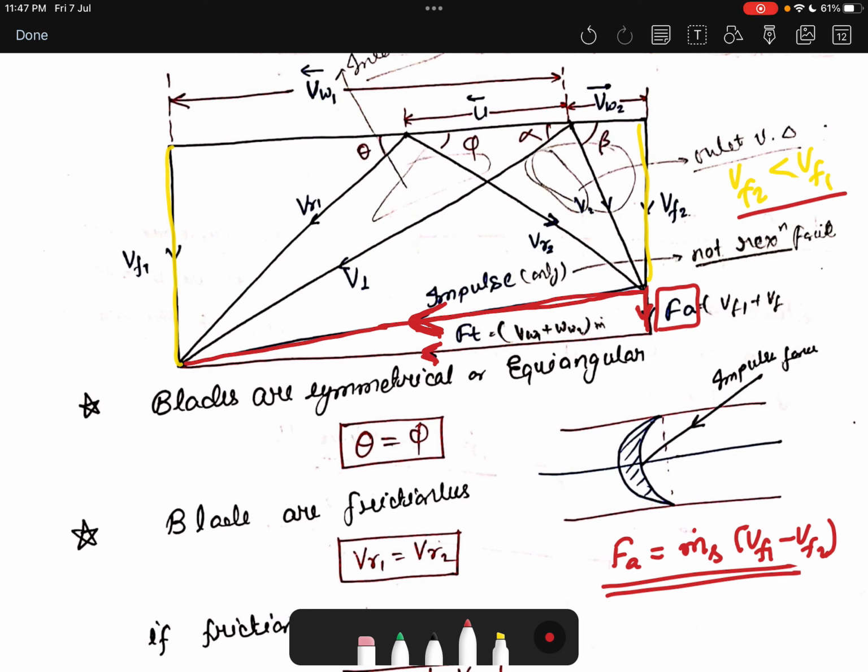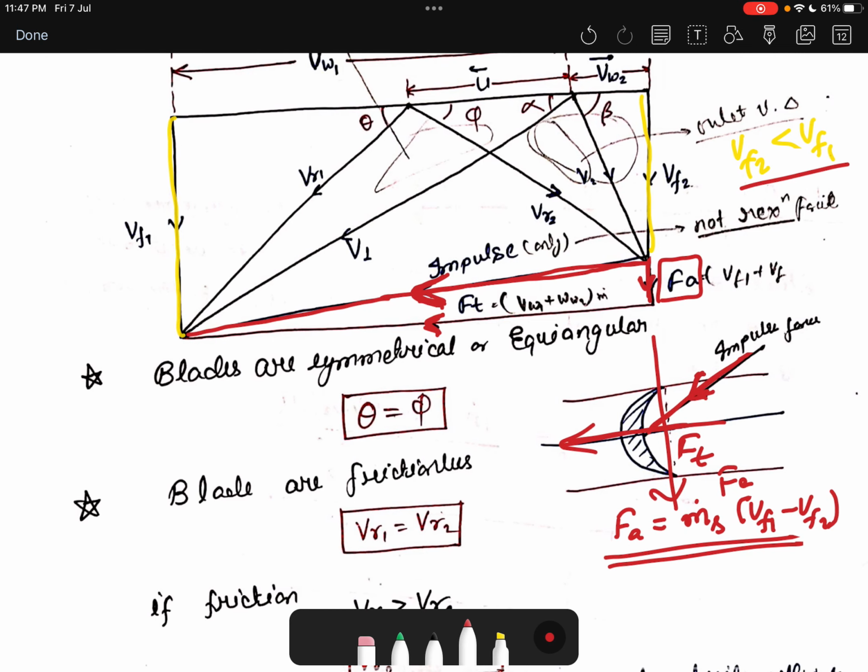The tangential component we are getting in this direction is rotating the blade, and the axial component in this direction is pushing the turbine forward or backward according to the steam direction. And this is the impulse force at an angle which is occurring on the blades.